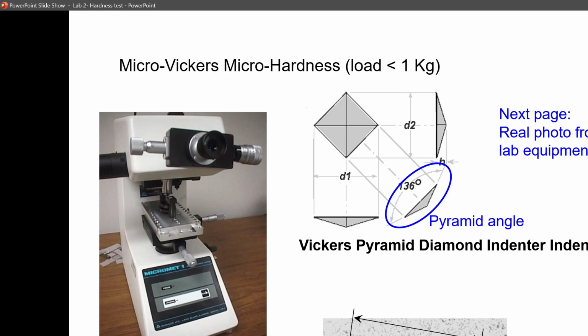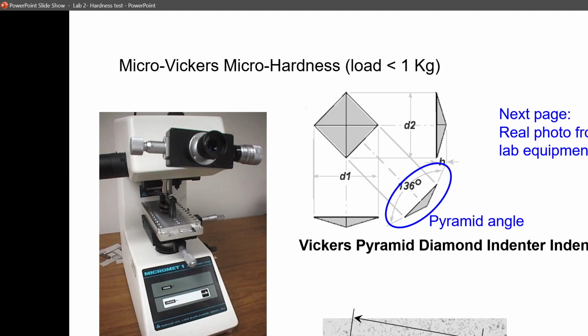For us, we are only going to use the Vickers test. And this is the device we're going to use. It's called the micro Vickers micro hardness tester. You're going to put your sample right here, and then it has an indentation module like this. You determine the force that you want to use in your indentation. For this experiment, we're going to use, I think, 100 grams of force.